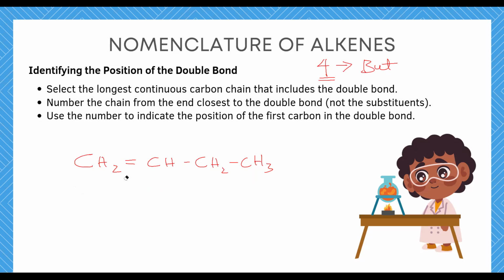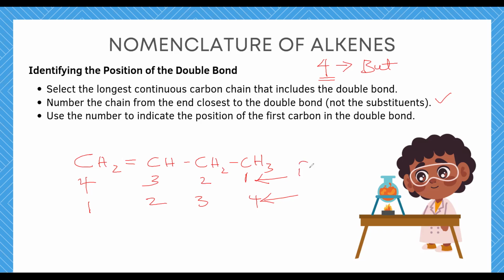The next thing to do is number the chain from the end closest to the double bond. So now we can count from the left, one, two, three, four. Or we can count from the right, one, two, three, four. Between this method and this method of counting, which one am I going to go with, David, based on this rule? Number the chain from the end closest to the double bond.